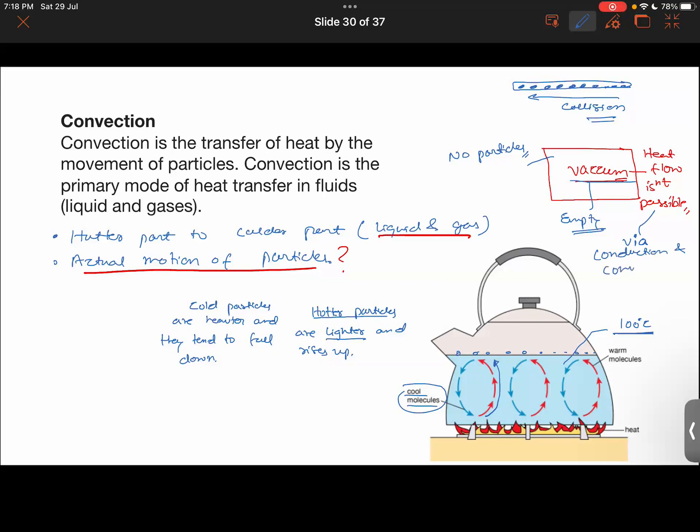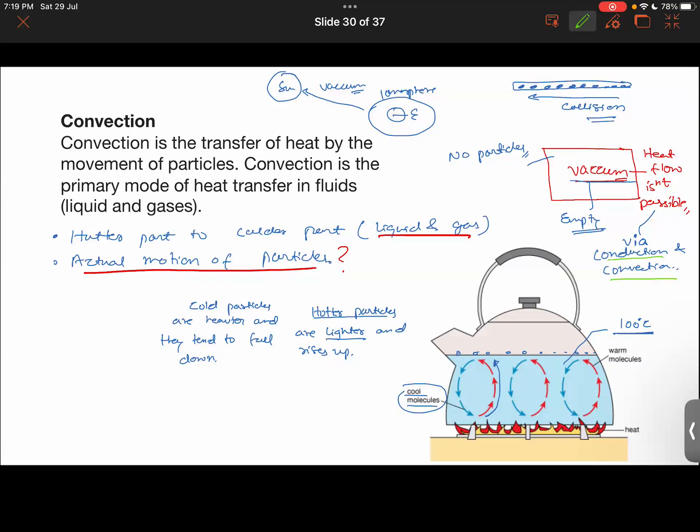The sun is lakhs of kilometres away from the earth, and outside the ionosphere, the outermost layer of the earth's atmosphere, there is empty space, a vacuum. So how does heat flow take place there? Since it is a vacuum, it does not consist of particles. Remember just one thing: heat flow in vacuum is not possible via conduction and convection.